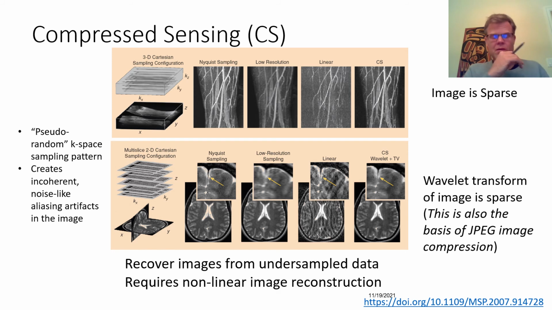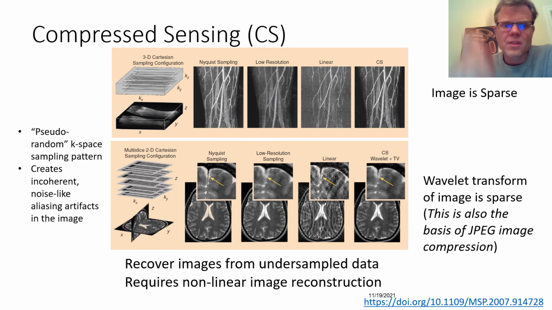And we can extend this from this 1D example to 2D multislice or 3D imaging. And here, as you can see illustrated in this 3D Cartesian sampling pattern, you have two dimensions of phase encoding, but there's pseudo-random undersampling in these two dimensions of phase encoding.